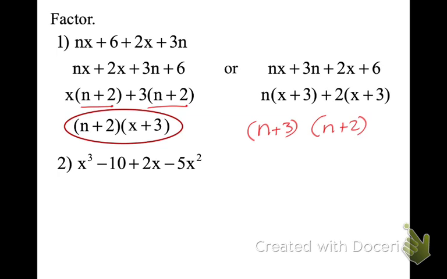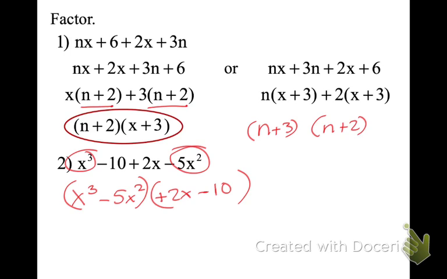Let's try, I think I'm going to do 5. I'm going to do the x cubed and the minus 5x squared. And then I'm going to put the other one, plus 2x, the one with more x's, minus 10, and I'm going to factor it that way. I just pick 2 that went together.